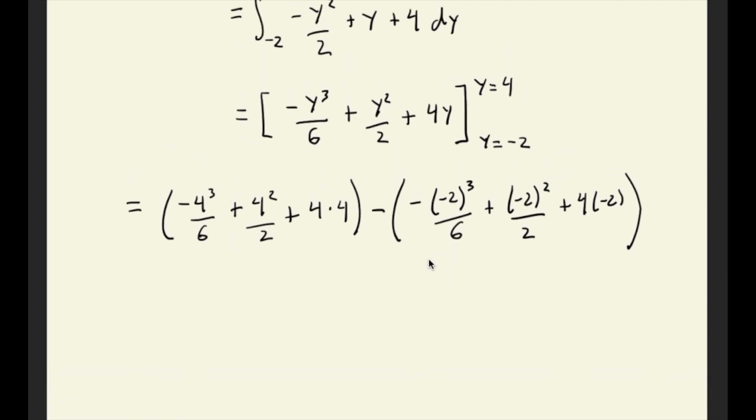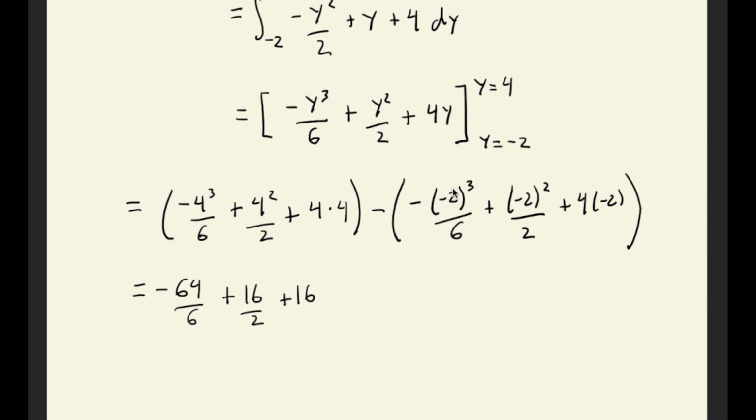Okay, let's see what we can simplify here. 4 squared is 16. If you multiply that by 4, you get 64, right? So 4 squared is 16 times 4 is 64. So this is minus 64 over 6. This is plus 16 over 2. This is plus 16.